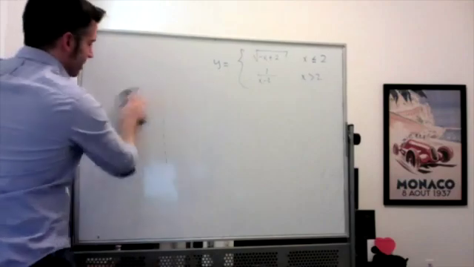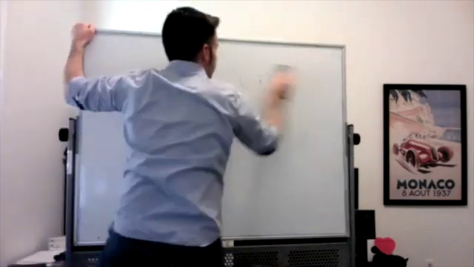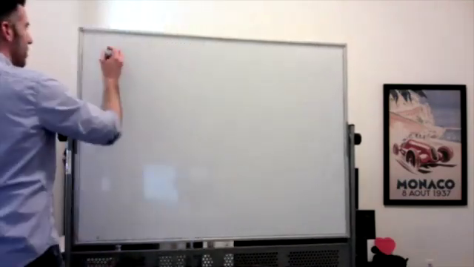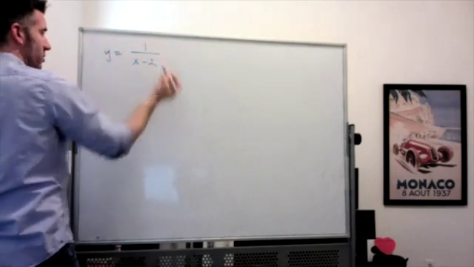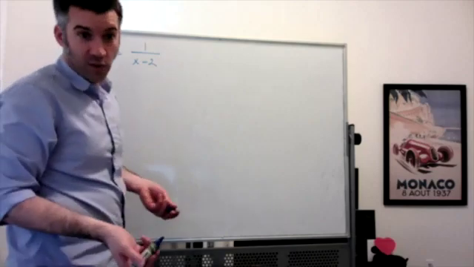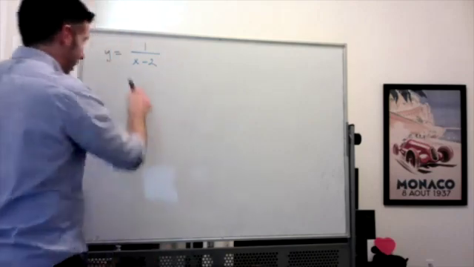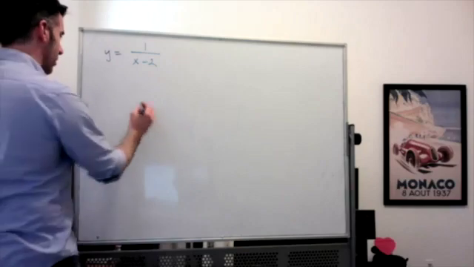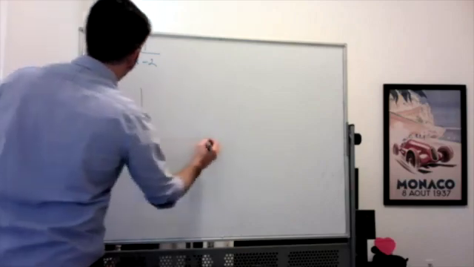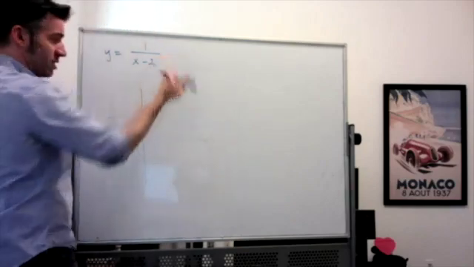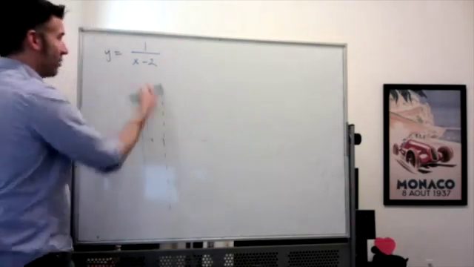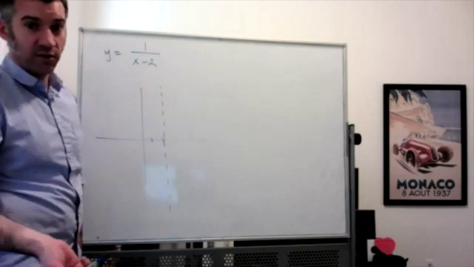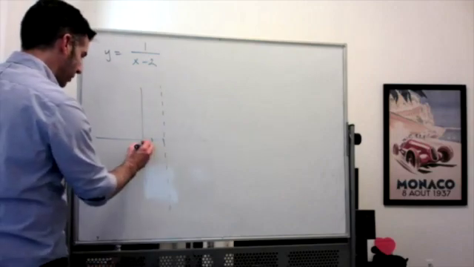So if I was graphing, say, y equal to 1 over x minus 2, this graph definitely has a vertical asymptote at x equal to 2, right? x equal to 2 makes the denominator 0. There's no x-intercept, because this fraction never equals 0. There is a y-intercept: when x is 0, y is 1 over negative 2, which is negative 1/2.